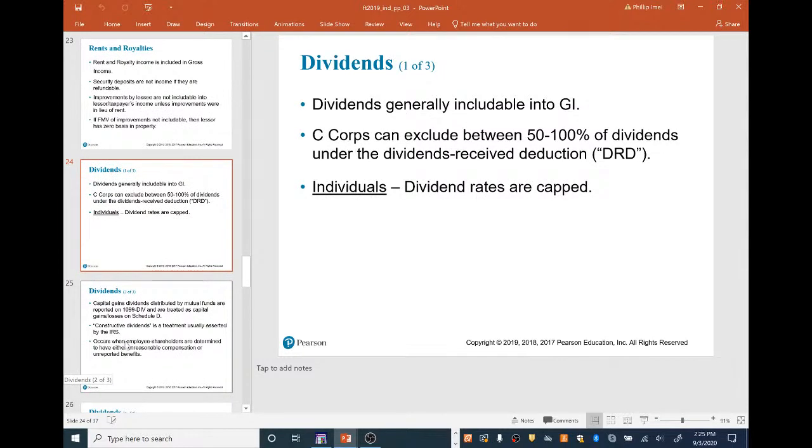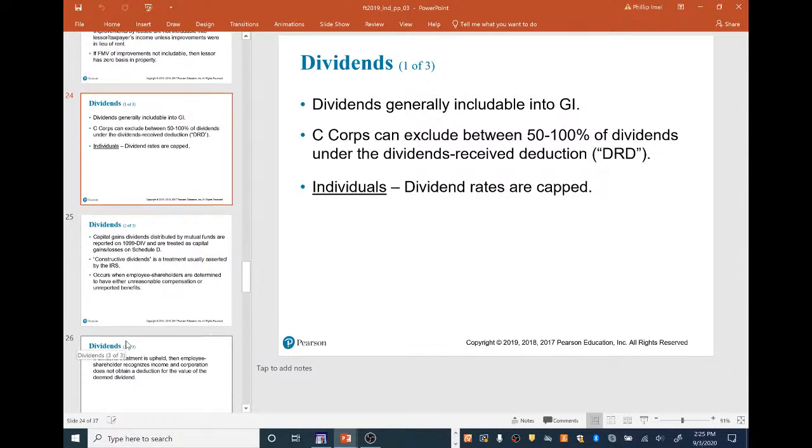Next, let's talk about dividends. Dividends generally are going to be includable in gross income. Distributions from corporations to shareholders are taxable as dividends to the extent of the shareholders' pro rata share of current or accumulated earnings and profits, okay?